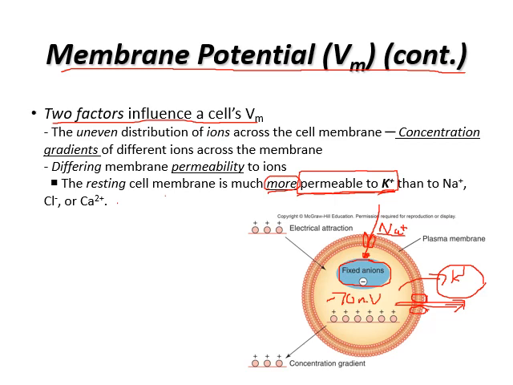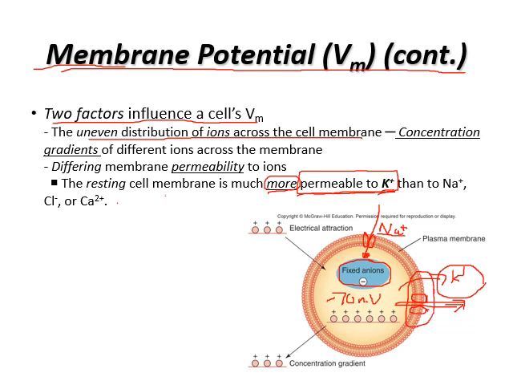But for this negative 70 millivolts, we have uneven distribution of ions, which causes a concentration gradient, and there are channels for potassium and sodium that are open at rest, but there are many more potassium channels.